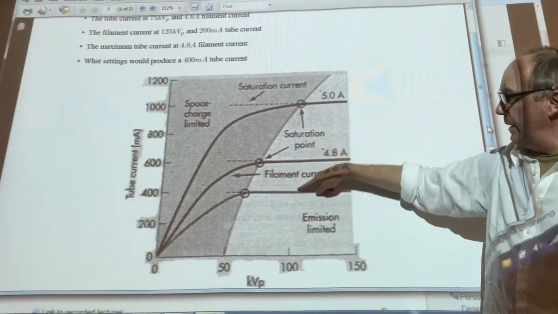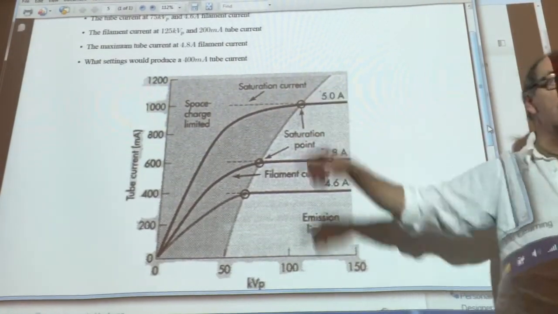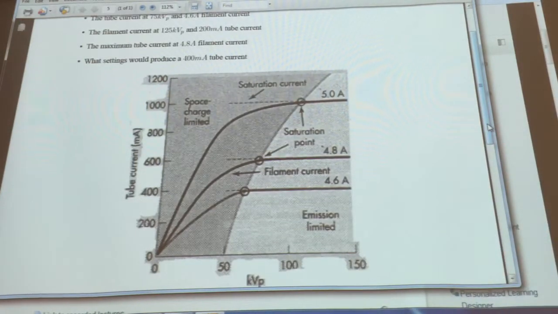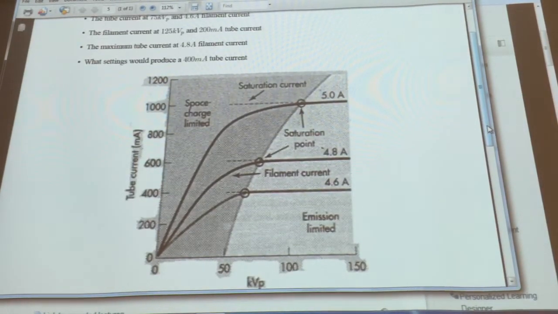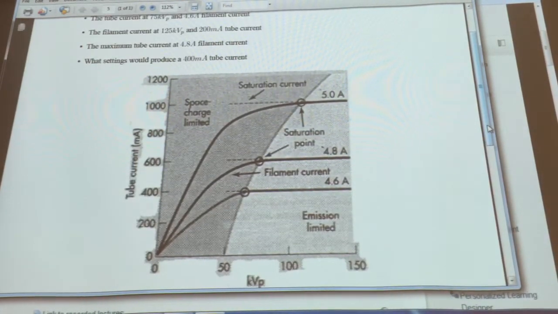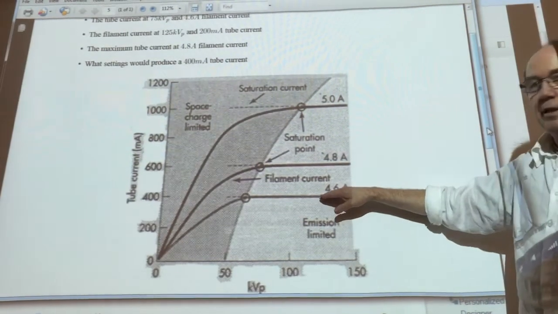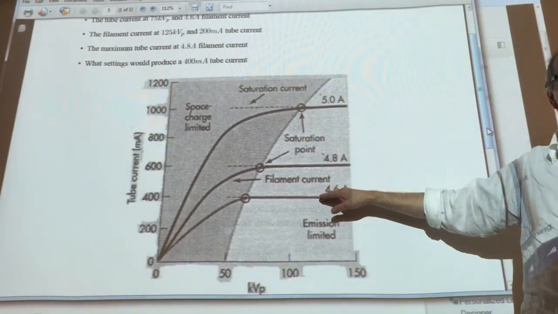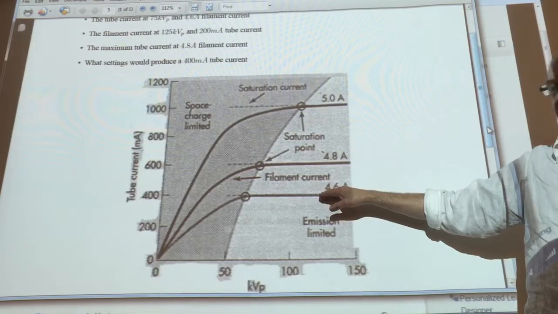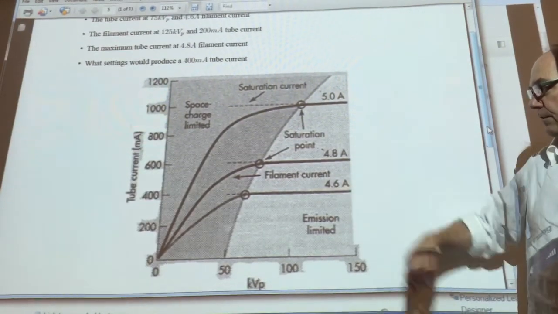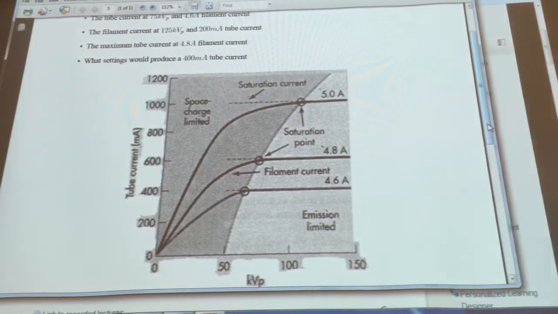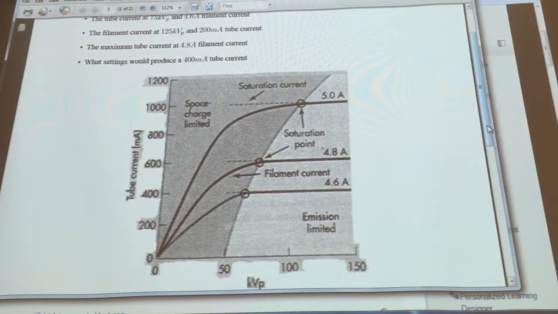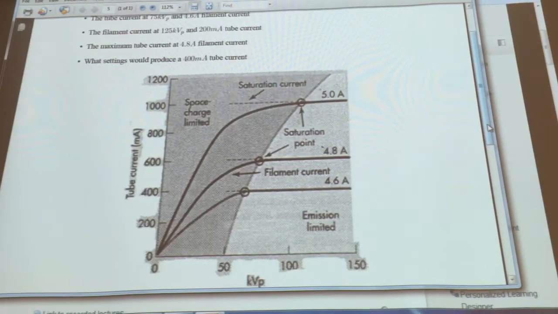He's calling these maximum currents the saturation current, which is much more of an engineering terminology than what you're interested in. All you care about is this is where you can't change the tube current by increasing kVp. That's all the current you can get out of that kVp, and this is because it's dependent on the electrons being emitted from the filament.